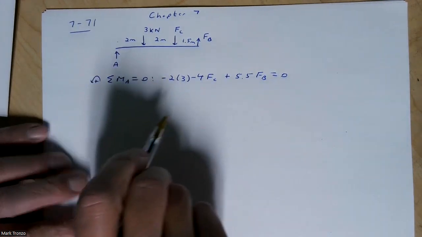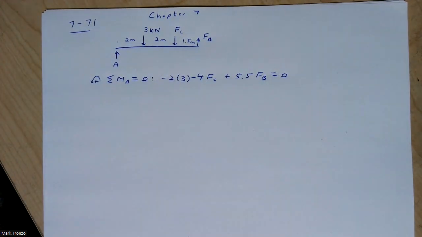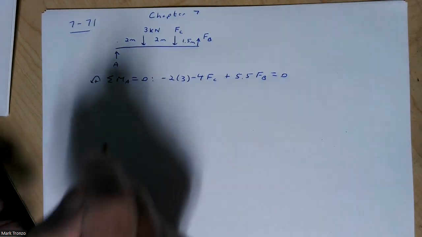So notice we have 2 unknowns, so we're also going to have to make a free body diagram of the upper beam as well.